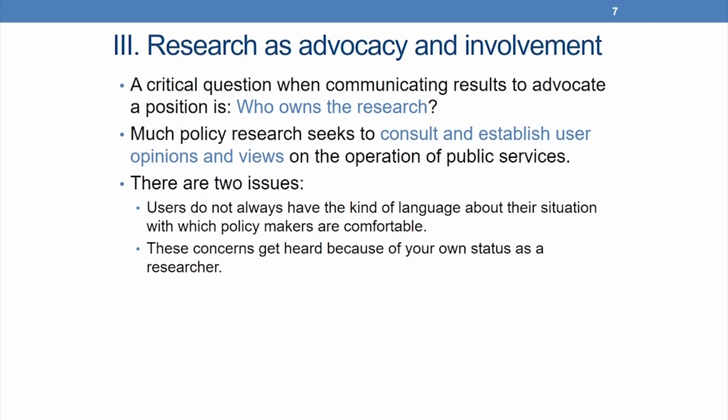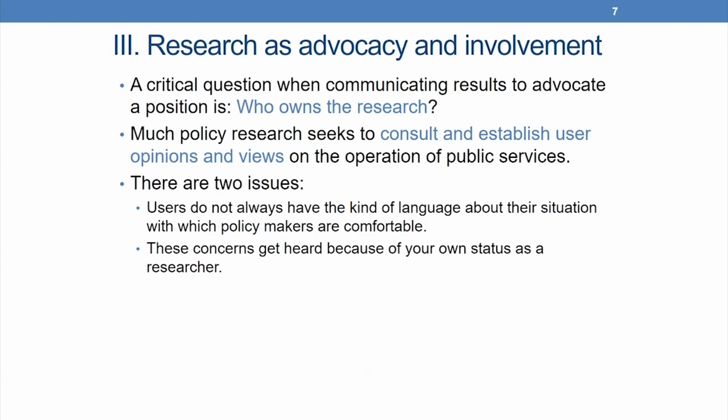Third is to look at research as advocacy and involvement. Now, the critical question to ask here when communicating results to advocate a position is who owns the research, who has initiated the research, and who owns the repository of research. And much policy research seeks to consult and establish user opinions and views on the operation of public services. And here there are two issues.